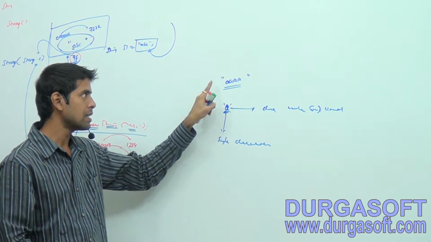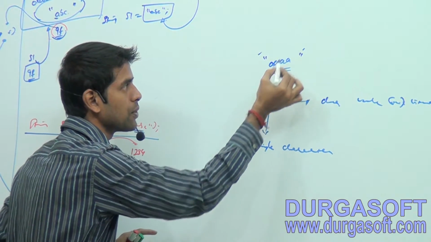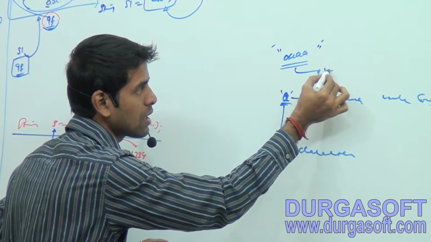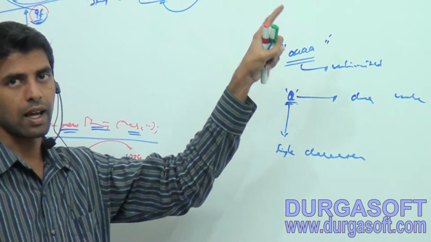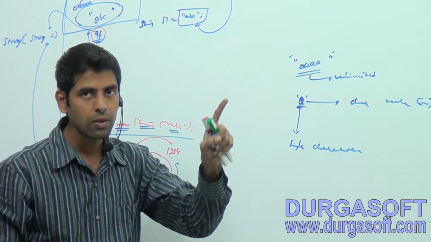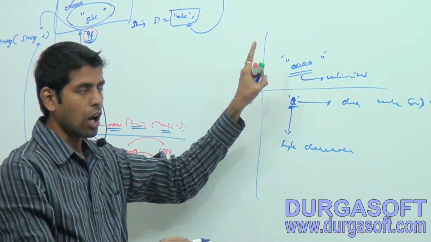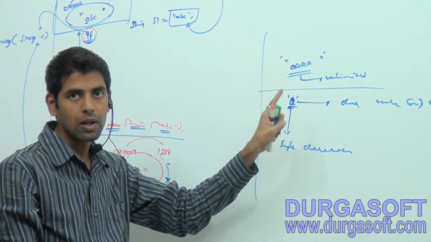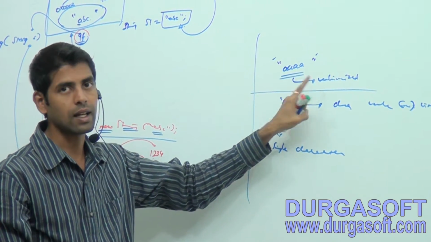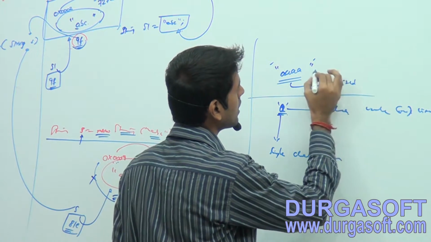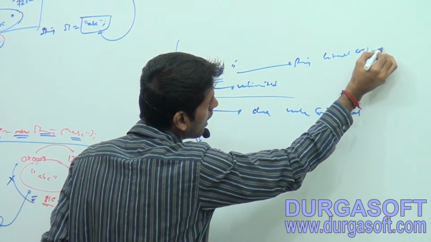Within double quotation you can have any number of characters. By default, the JVM and compiler have knowledge about these two kinds of values, the literals. This is a string literal. It represents to us a string value.